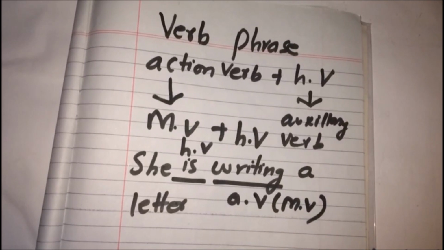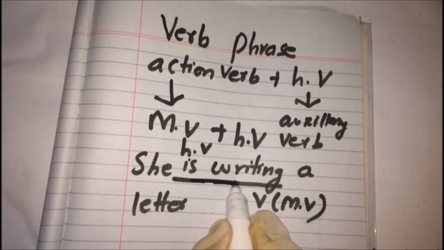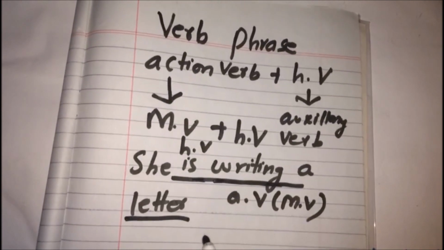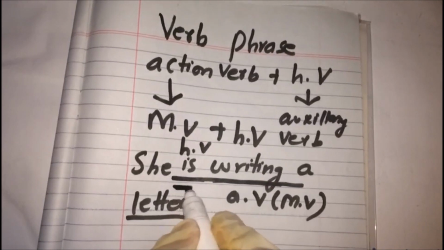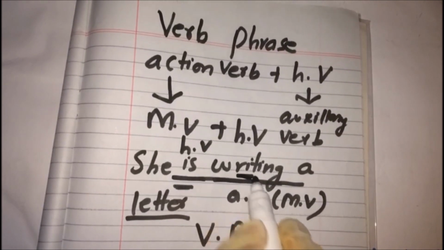So, in a verb phrase, if we have verbs, that part is called the verb phrase. So "is writing a letter" is a verb phrase, in which we have a helping verb and a main verb.